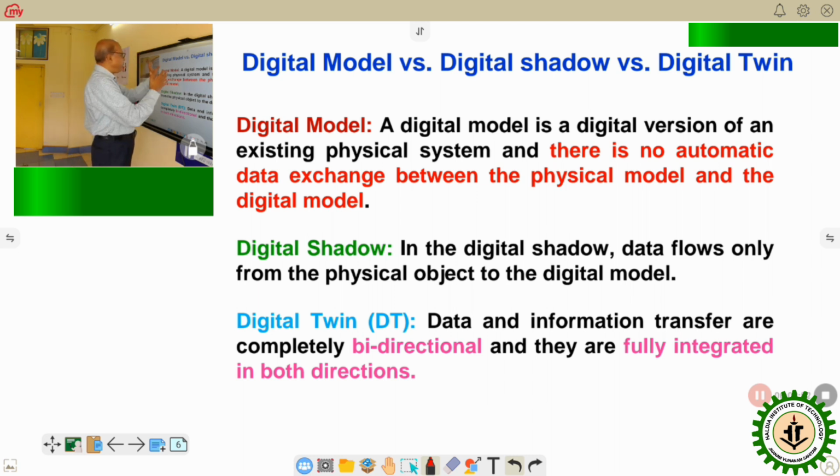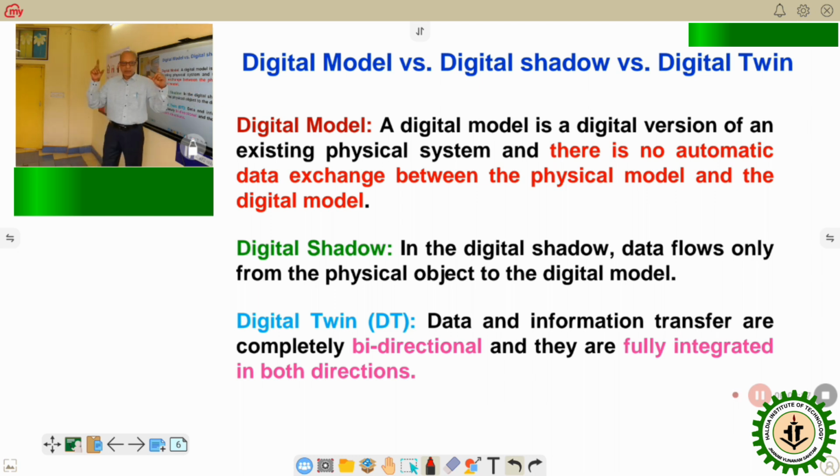So the very primitive version of the digital twin was the digital model, but the major limitation was that there was no automatic data exchange between the physical model and the digital model. A slightly advanced modification of the digital model is the digital shadow. In the digital shadow, data flows only from the physical object to the digital model.